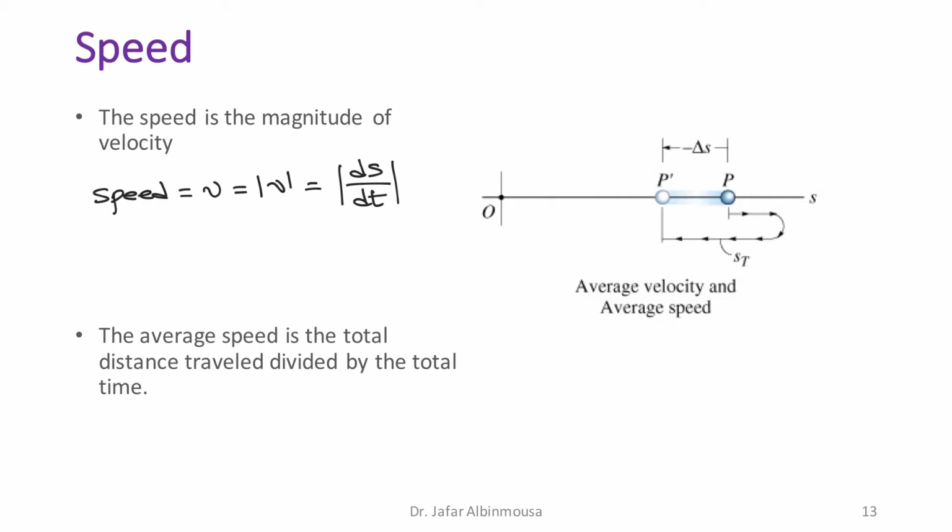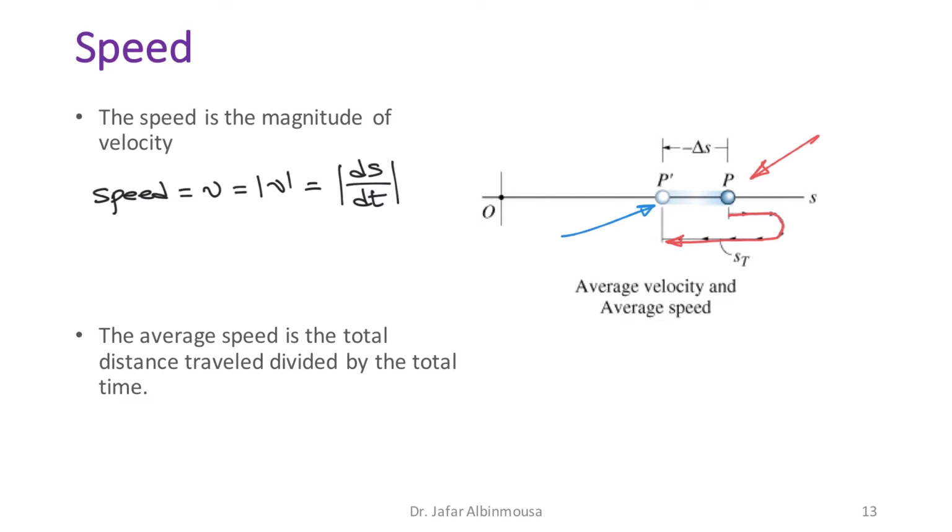Now, there is an average speed, and I am going to make a clear comparison here between the average speed and the average velocity. The average speed is the total distance traveled divided by the total time. So in this example, on the right hand side, the particle started from this position and then it moved to this position. So the trajectory of the particle was starting from here, going all the way backward to here.